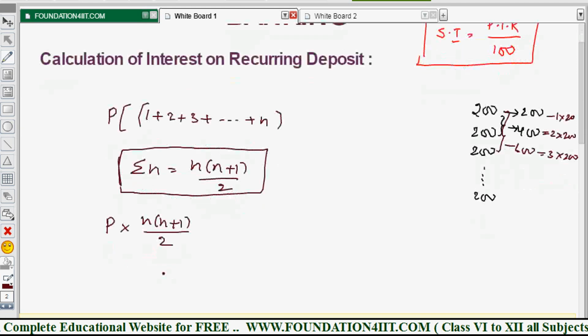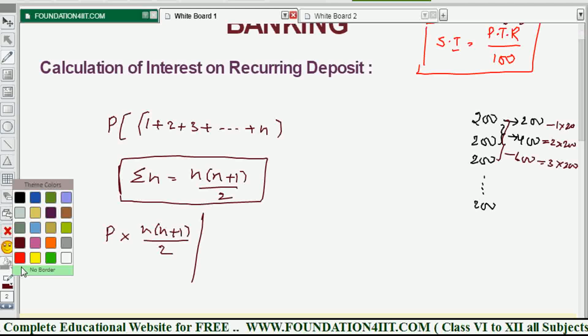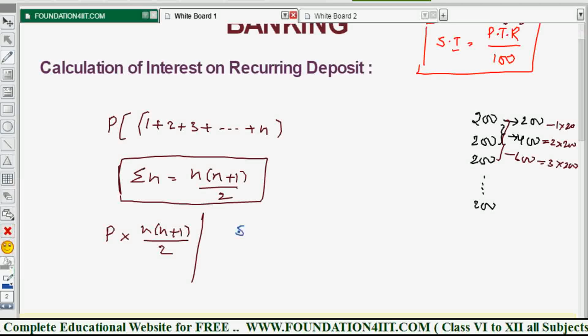Now see how to calculate the interest. Let me write the formula. If you know the simple interest formula, PTR by 100, you can easily substitute the values. In the place of P, we should take this total value, because every month we need to calculate interest.